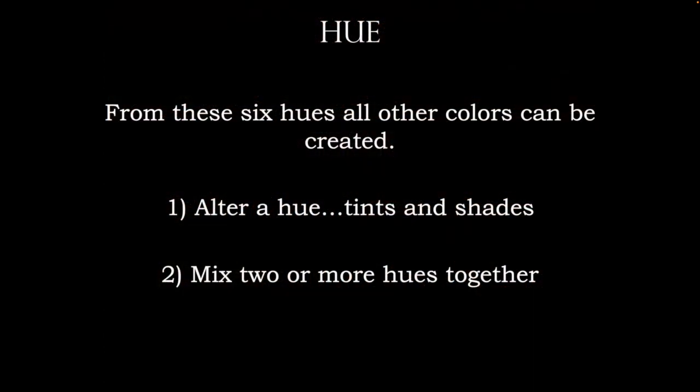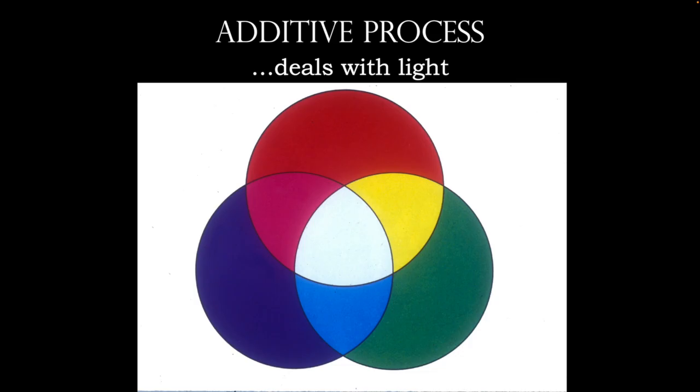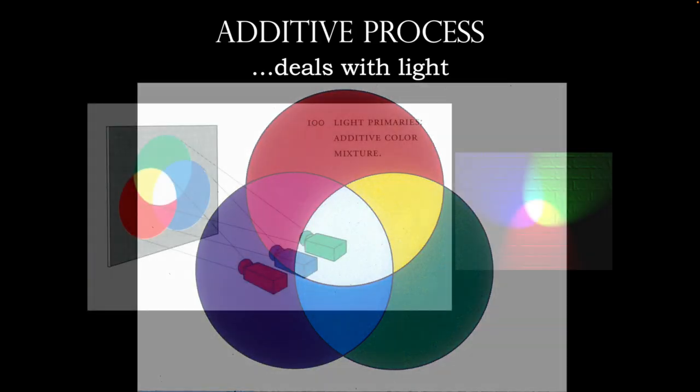Another way, and a more common way, of creating other colors from the hues is mixing 2 or more of them together. And there's a couple processes for this. The first one is the additive process. The additive process deals with light, and that is something we normally don't deal with as normal artists.